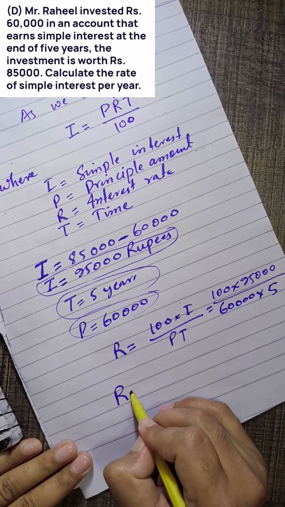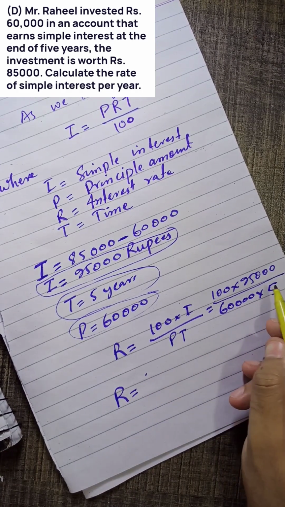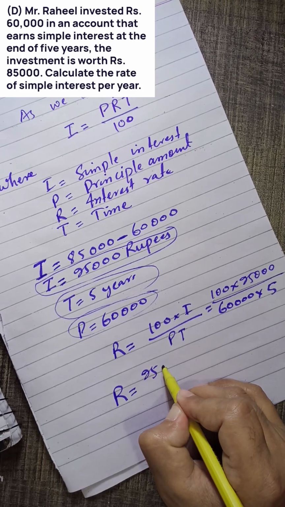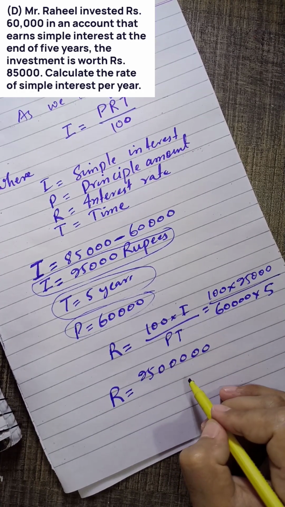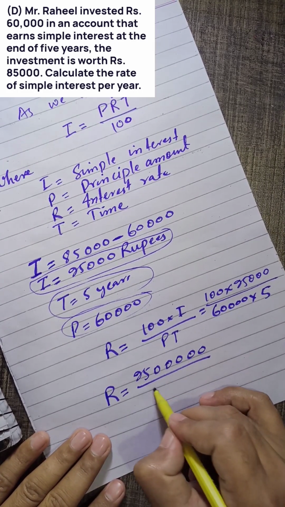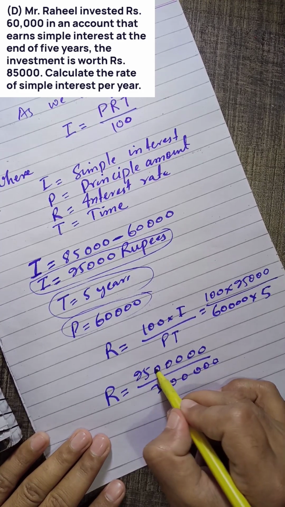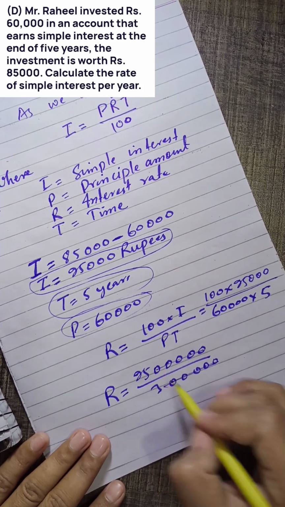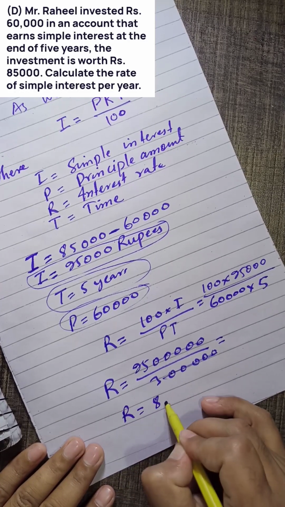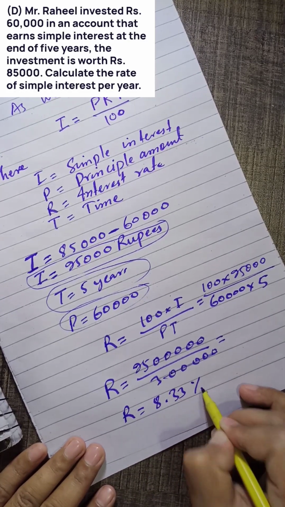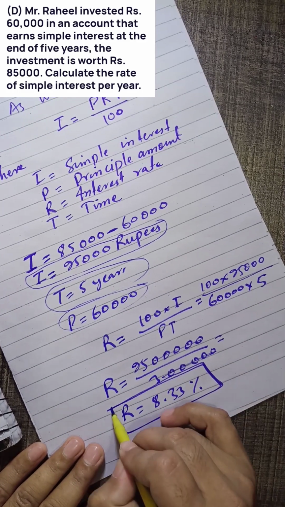Here from you can easily find the value of R. This will become 25 with 5 zeros and divided by 3 with 5 zeros. Now these 5 zeros will be cancelled. 25 divided by 3 will be equal to 8.33%. Now this is the interest rate required.